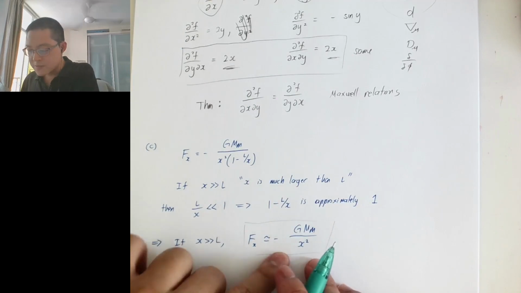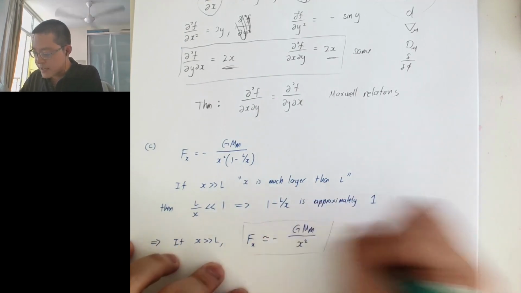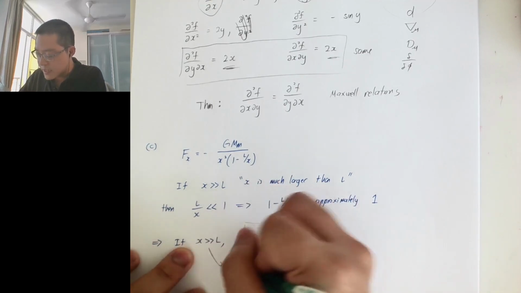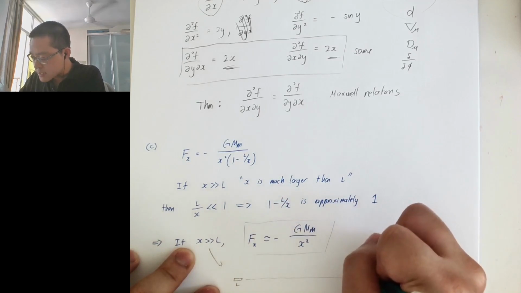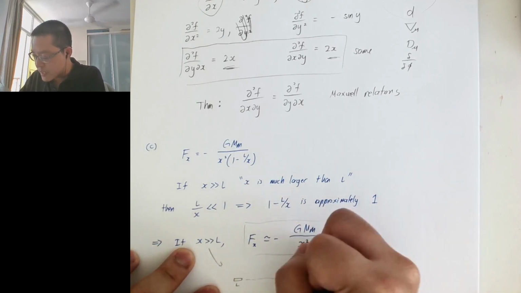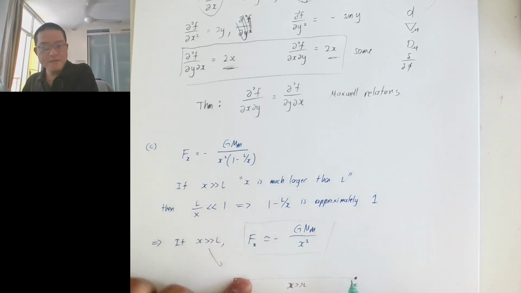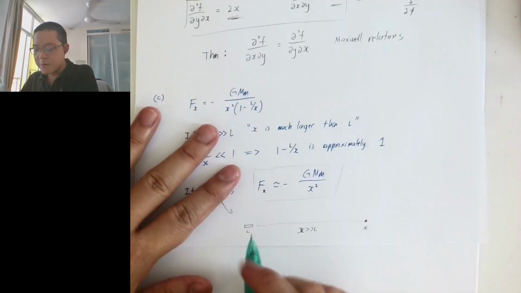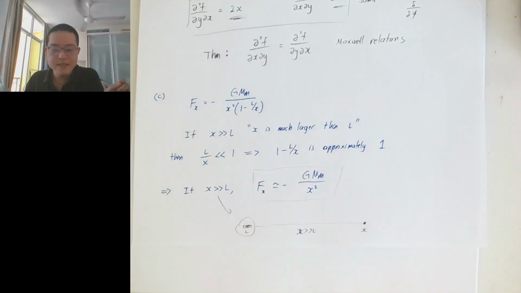So for X much larger than L, I have a rod of length L, but my X position is very far away. If something is very far away, then the shape of the rod is no longer important. It's almost like a point mass again.